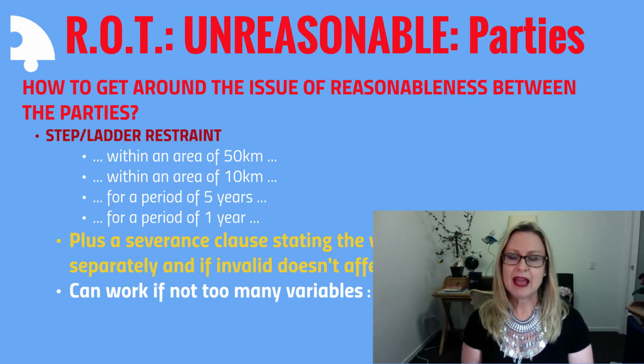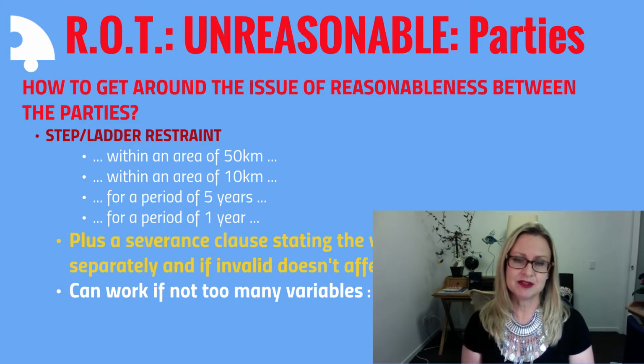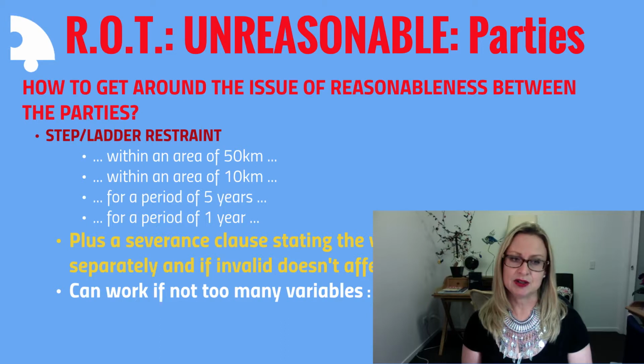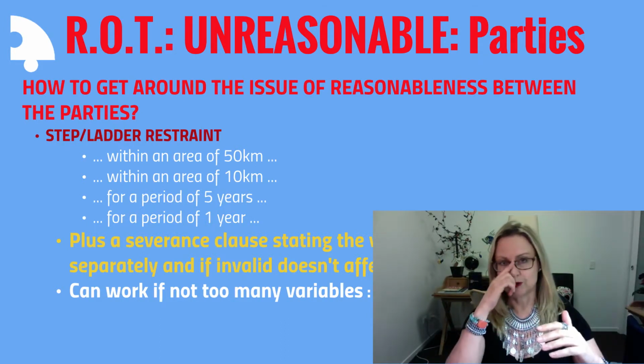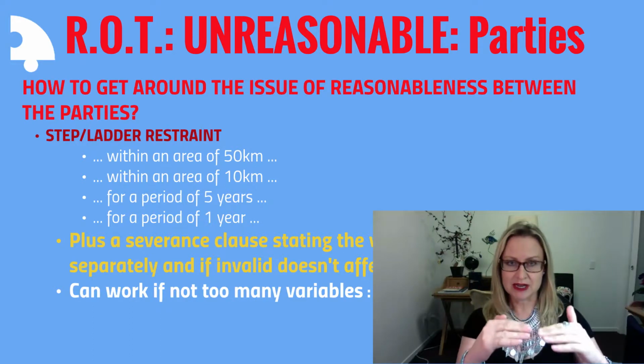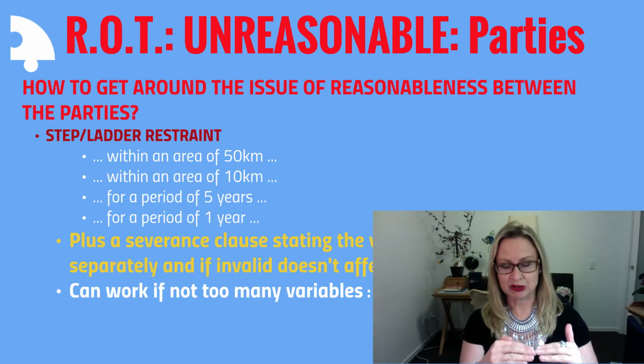Now, how can we get around the issue of reasonableness between the parties? Some cases do use this step or ladder set up for their restraints, and you'll see in contracts, they'll go down in terms of area and they'll go down in terms of duration typically.